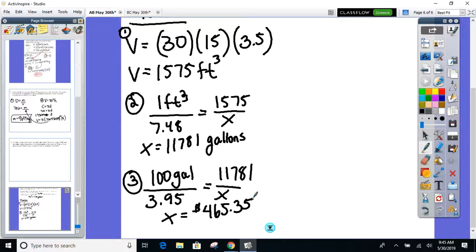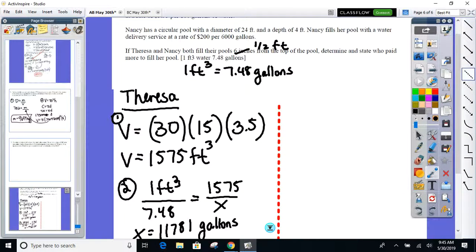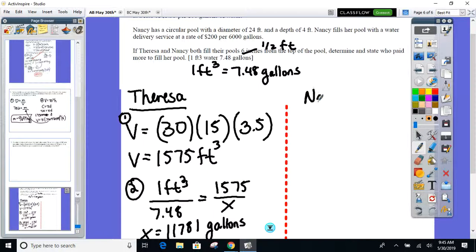And I'm going to let you guys do the same thing now, but for Nancy. She has a circular pool now. So be careful on her height. See how much they're going to charge Nancy now. Yeah, it's not a spherical pool.